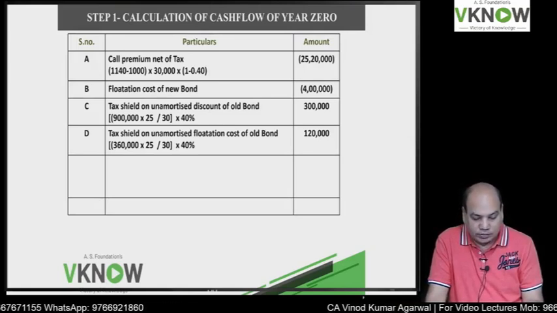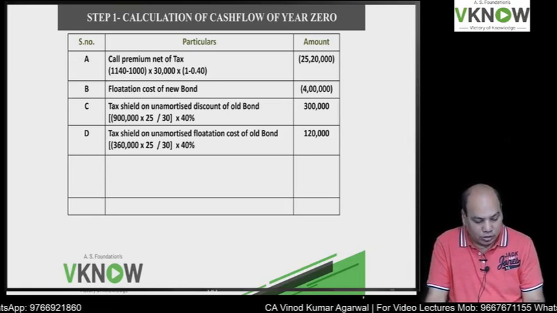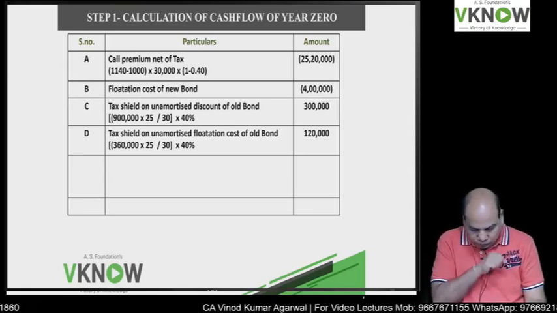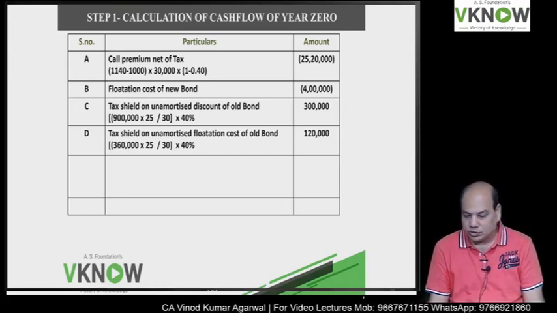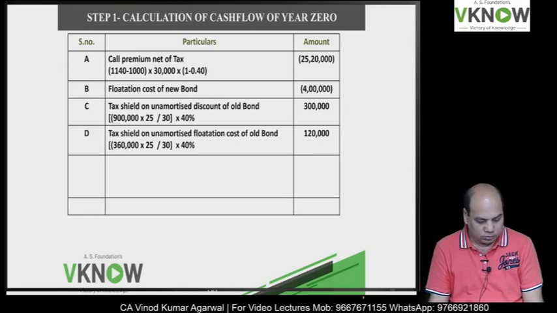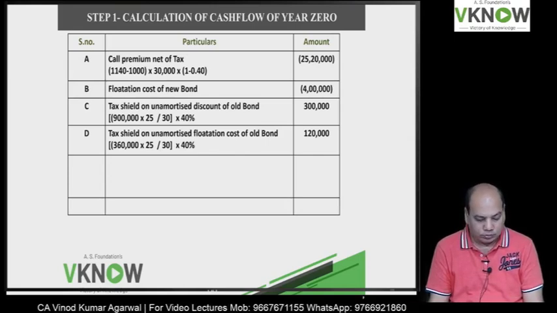So please write point number D. Tax shield on unamortized flotation cost of old bond.